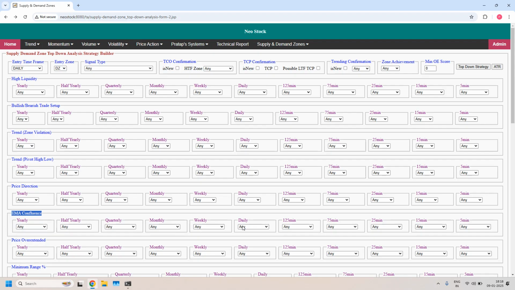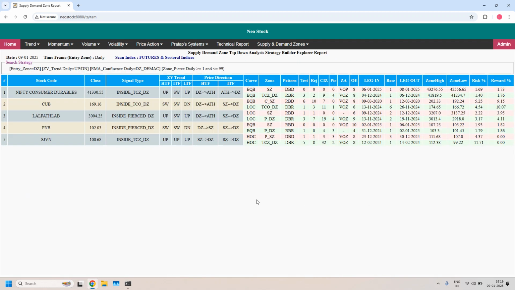So in the EMA confluence at a daily time frame, I am setting the filter daily demand zone having daily EMA confluence, and the trend on the daily time frame should not be sideways. It can be up or down. Let's filter. We got 5 stocks only. Out of 61, we have only 5 stocks.